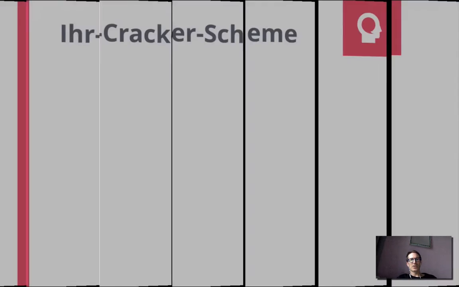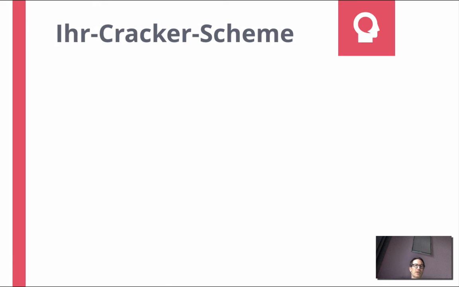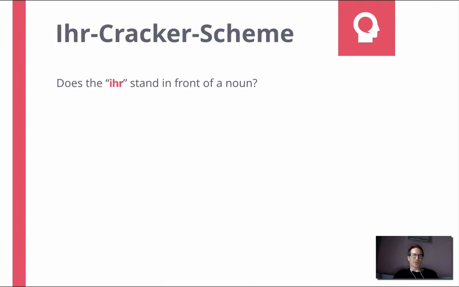Now, let's take a look at how we can actually crack this complex matter into something that really quickly is applicable. Basically, you have to ask yourself one question, and that is, does the ihr stand in front of a noun? If so, it works like mein.